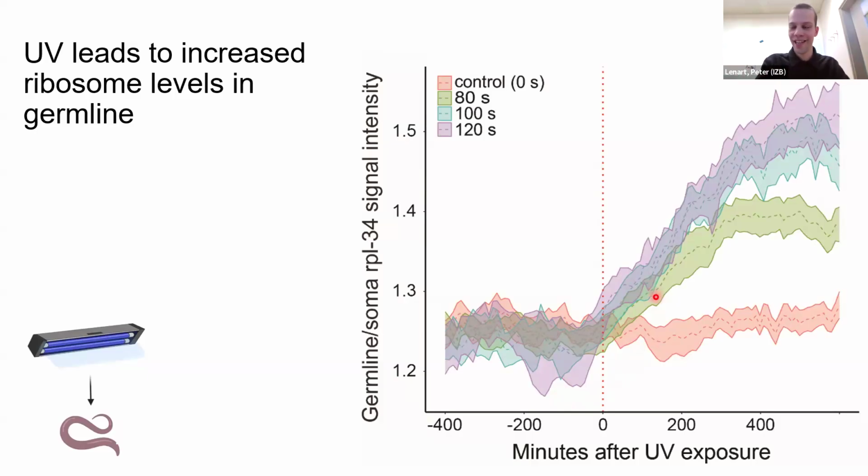So now I showed you that germline to body proportions from larval stages to adulthood are very robust to many types of stresses in C. elegans. So I was wondering if we can break this robustness, and if breaking this robustness would actually affect reproductive output. So we managed to do it by two different approaches.